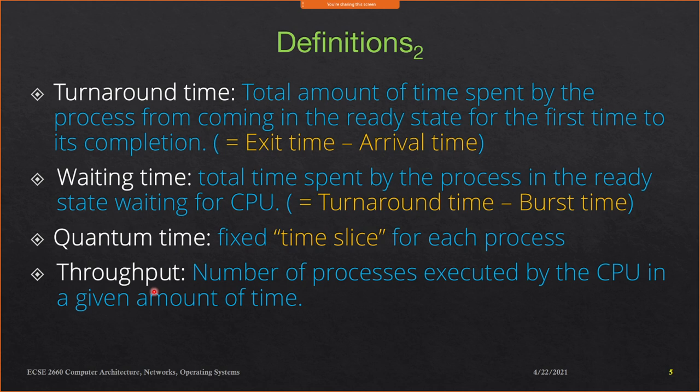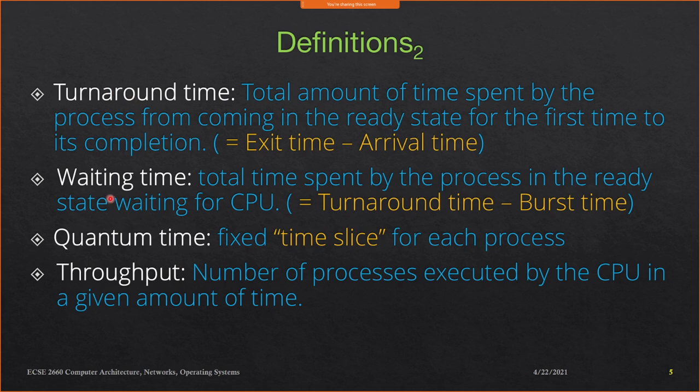The next one is throughput. Throughput is a metric that we want to optimize. We want to have a lot of processes complete in a given amount of time. So the number of processes that get executed by the CPU in a given amount of time is the throughput. And we want the throughput to be as high as possible. We want our turnaround time to be as low as possible.